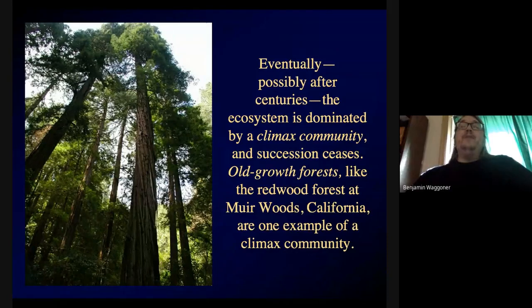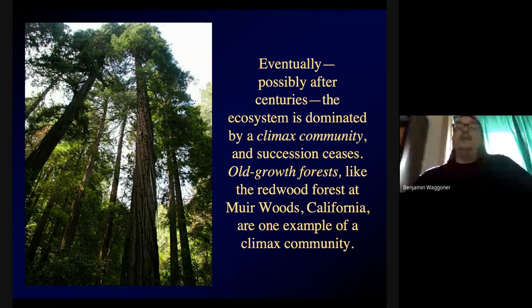The place is dominated by giant redwood trees that get up over 300 feet, about 100 meters. They're huge. This is not the place where you can drive through the trunk of one of them, or you used to be able to. This is not that place, but some of the trees are big enough that you could almost do that.